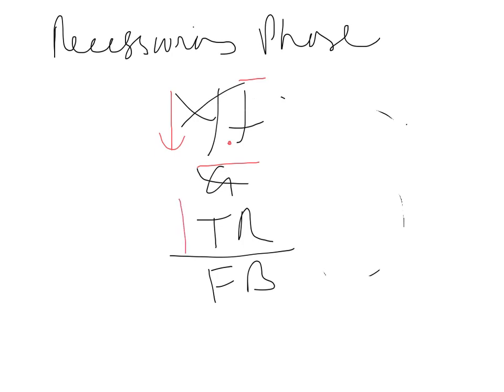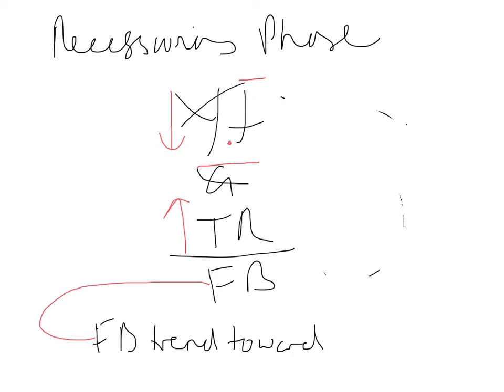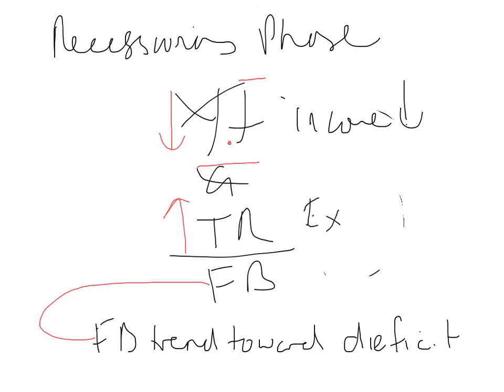So the transfer payments are going to go up. So what's going to happen to the fiscal balance? Well, the fiscal balance will trend toward a deficit. Why? Well, over here we've got income going down, and here we've got expenditure going up.